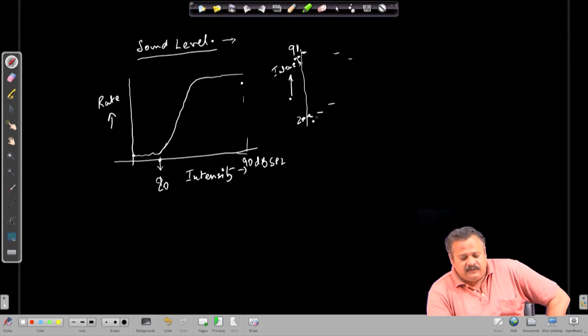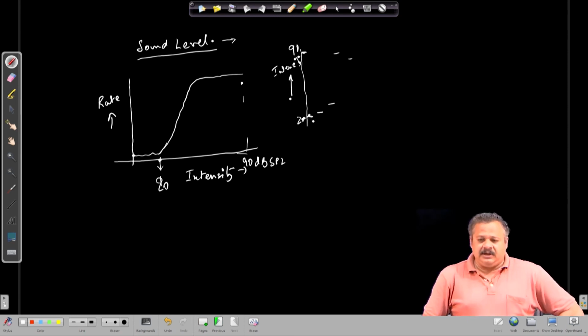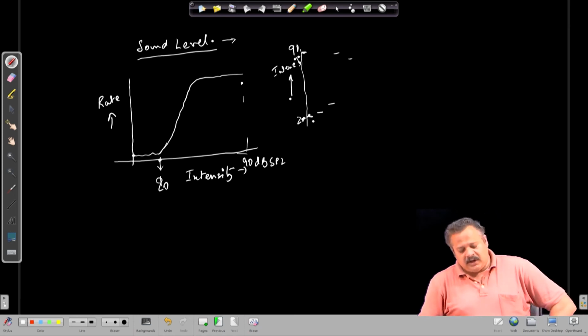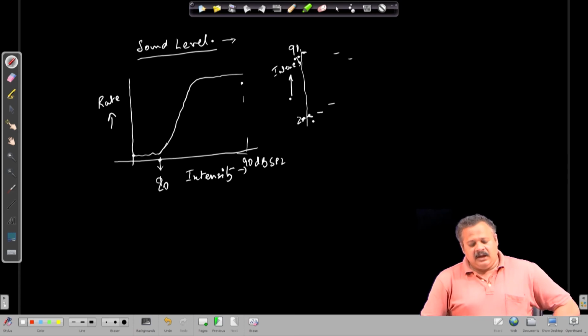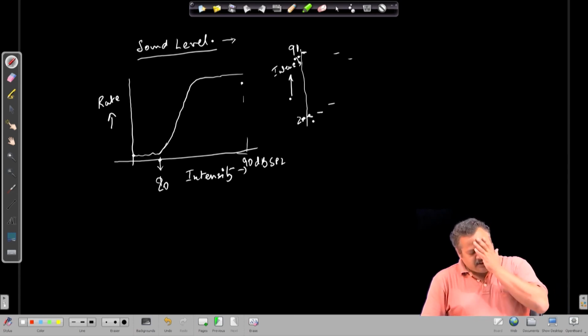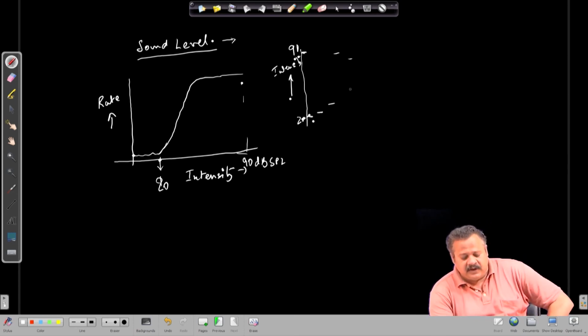Instead of F1 and F2, we have intensity 1, intensity 2 to intensity capital N. Going from 20 to 90 is about 15 or so stimuli if we do 5 dB steps.